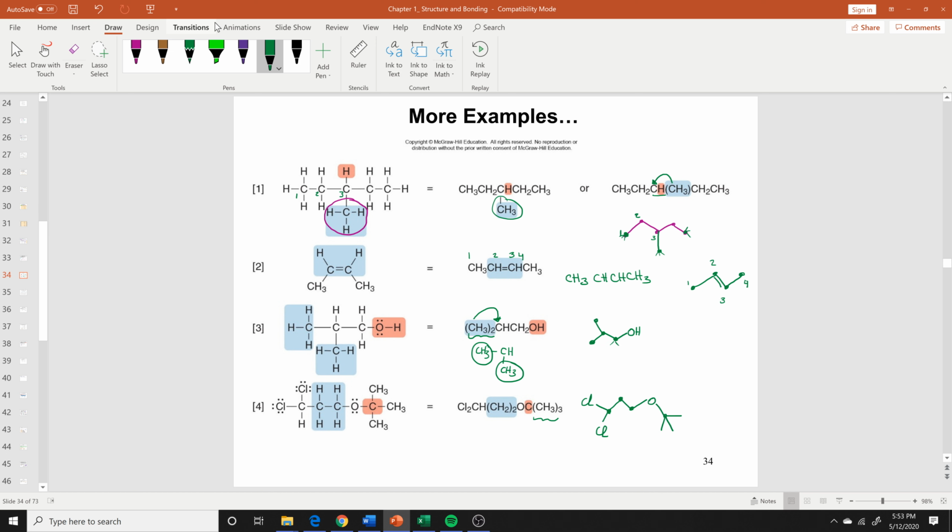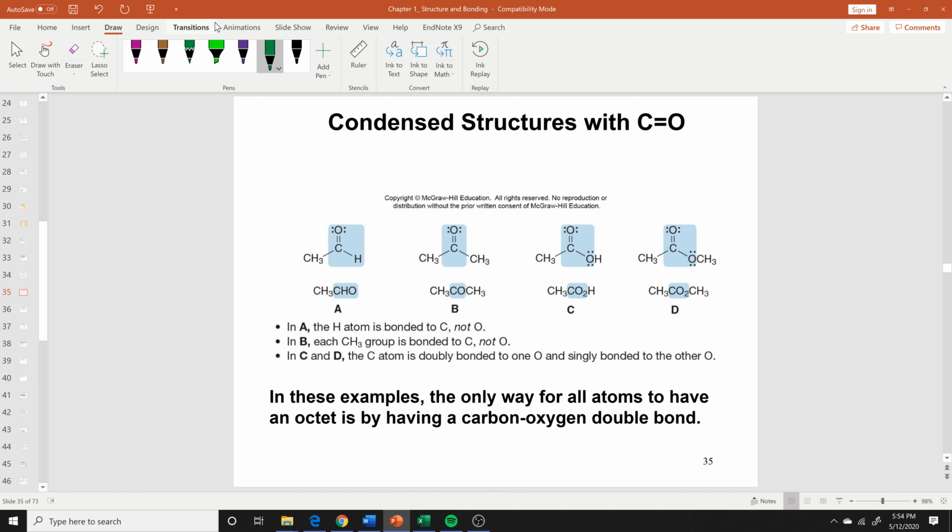Make sure always that every carbon has 4 bonds. Bond 2, so you should fill the rest of the bonds with hydrogens. Here 3 bonds, so you should have a hydrogen over there. Normally in the skeletal we don't show the hydrogens. So this is going to be the skeletal form for this condensed structure.